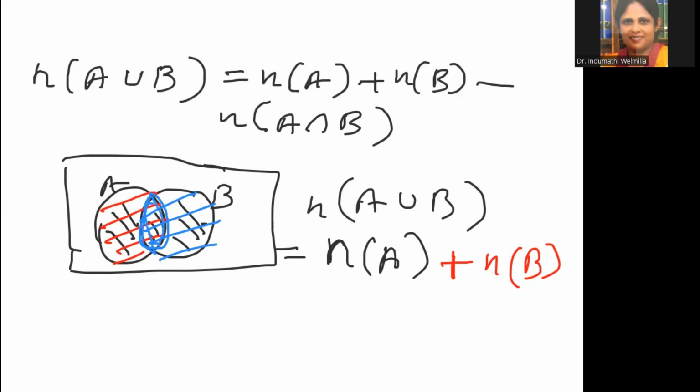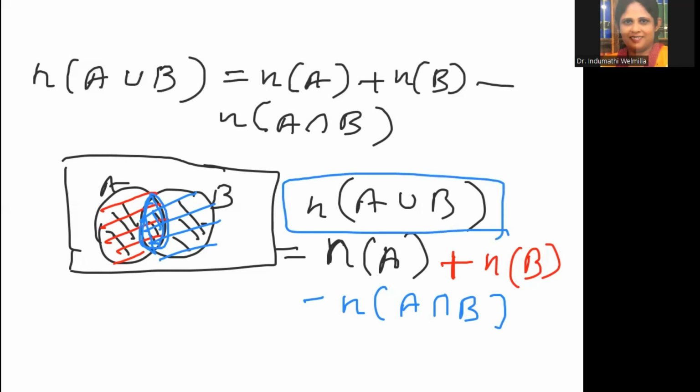Earlier when we add A, and now when adding B, both times we add the intersection section. Therefore, we have to deduct n(A intersection B), right? Then it equals n(A union B). So that is a very, very important formula in the set section.